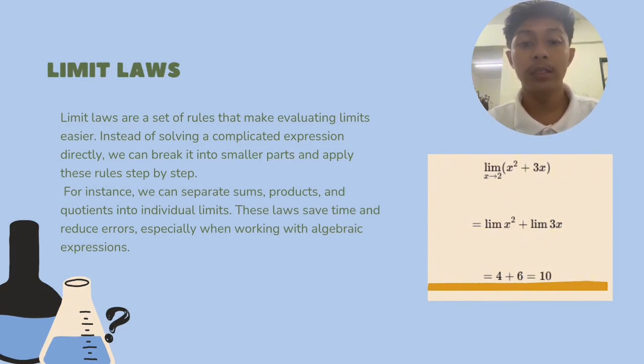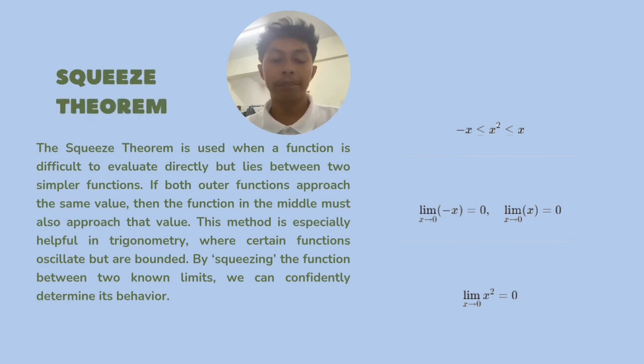But what happens when the math is too messy for simple laws? That's when we bring in the pressure with the squeeze theorem. The squeeze theorem, sometimes called the sandwich theorem, is perfect for those stubborn functions that oscillate or behave wildly, making them hard to evaluate directly.